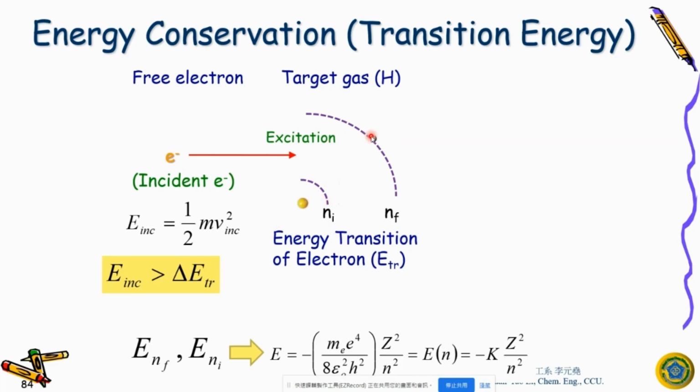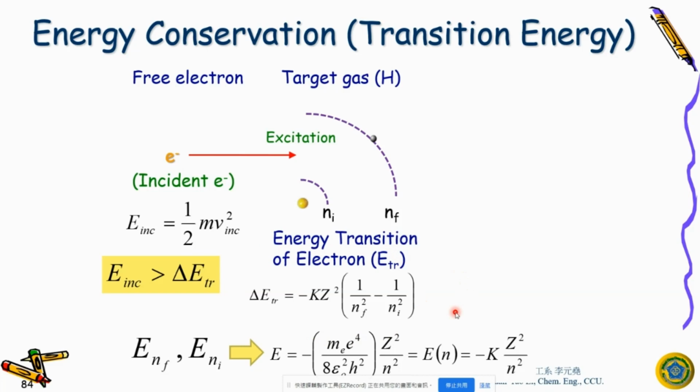So this is called excitation, right? And an electron going down is called relaxation. In order to transit this electron from here to here, it requires energy. According to the Bohr atomic model, the transition energy can be written like this.